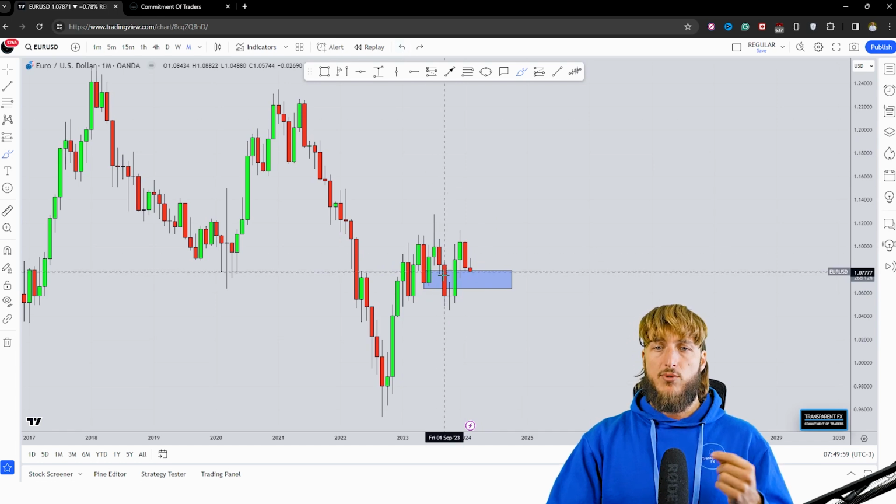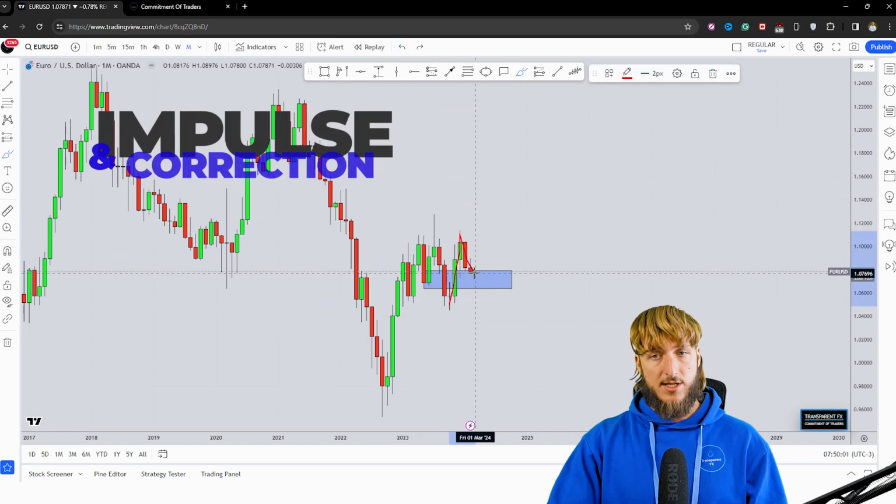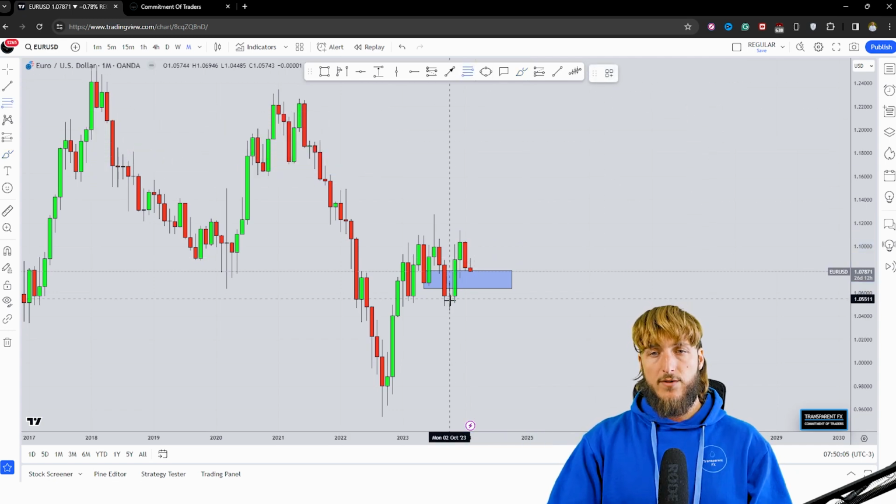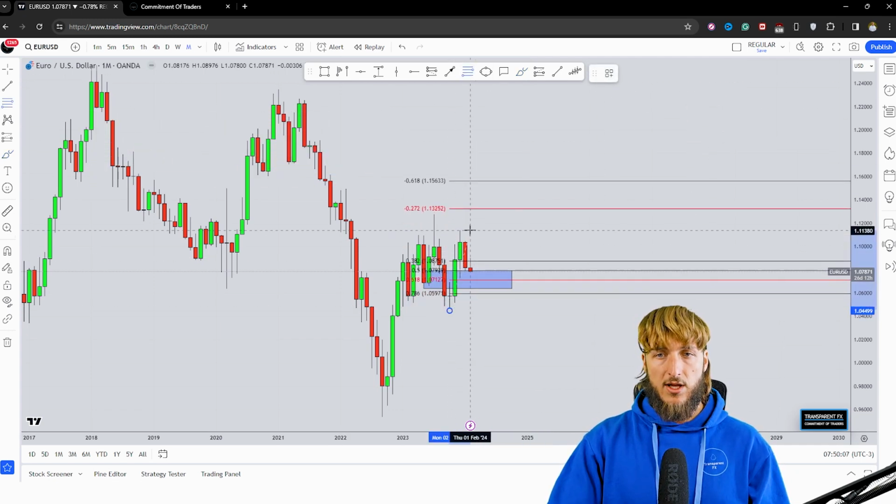From a pattern standpoint, since we have an impulse and correction, if we want to measure the correction, we have to take our Fibonacci from the low to the high of the impulse leg.